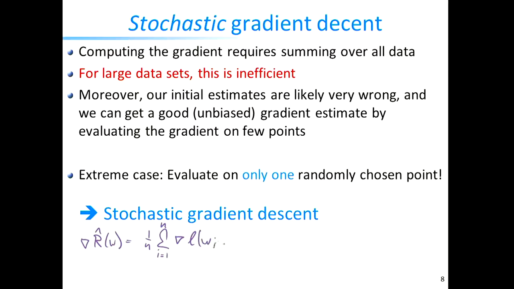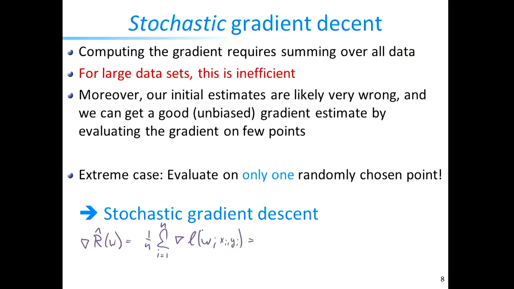So we have the gradient of the loss associated with the ith example. Now we can observe that this is an average of the gradients of all the data points that we have.